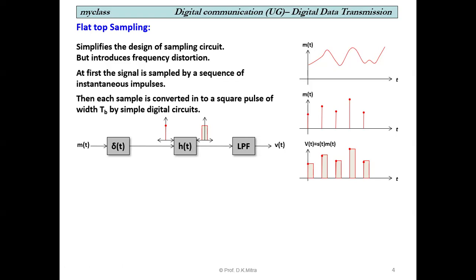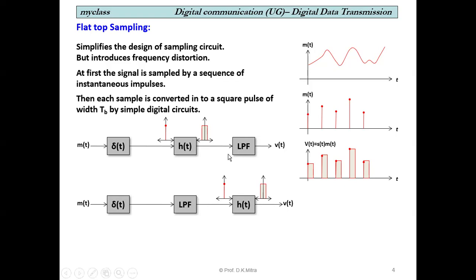For the purpose of frequency domain analysis of the circuit, you can always interchange the position of the circuit elements, only mind it, not for time domain analysis. So I bring the low-pass filter forward, and this is the HT, which converts a narrow pulse into a wider pulse.